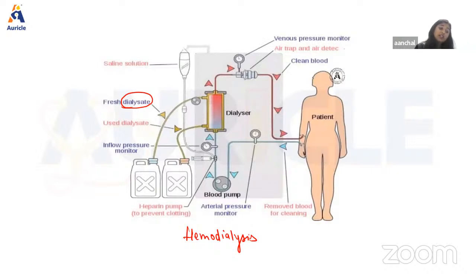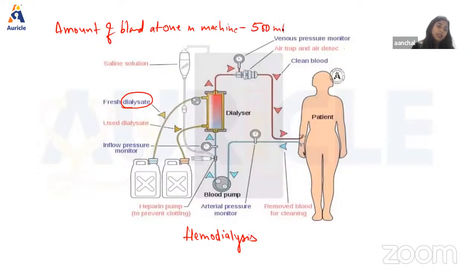The total amount of blood in the dialysis machine at a time is about 500 ml. So the amount of blood at one time in the machine is 500 ml. The rate of blood flow through the dialysis machine is about 200 to 300 ml per minute.